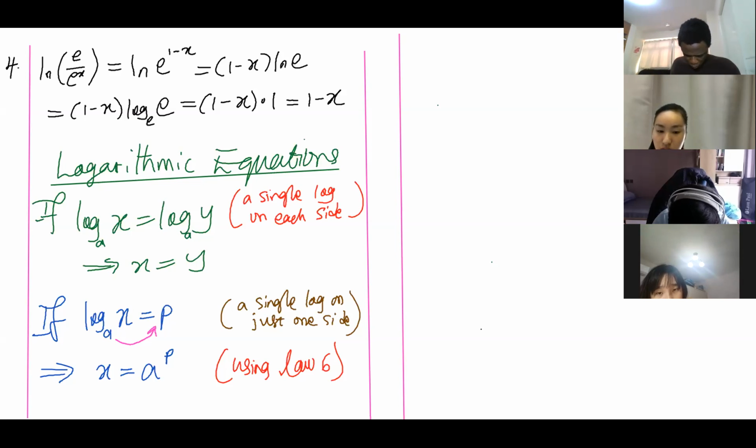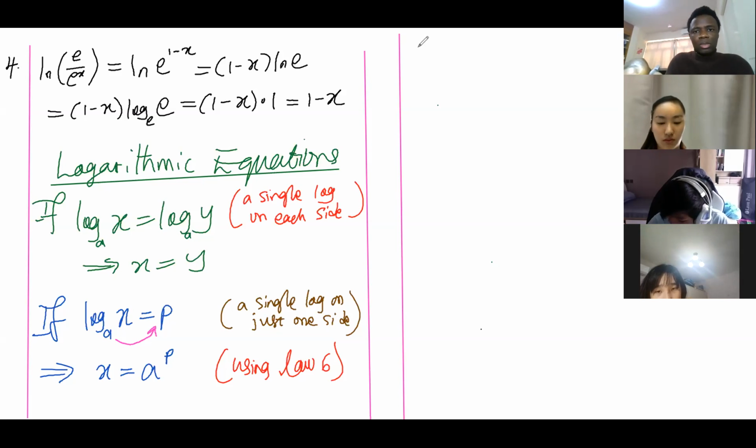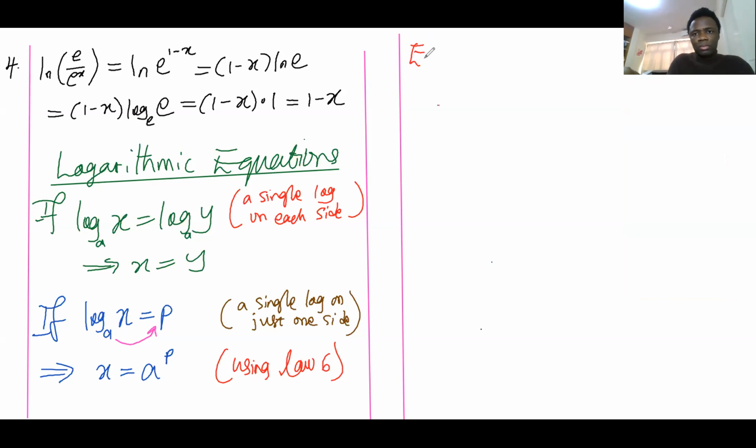Sample. One. The case where you have log on one side, let's do that first.